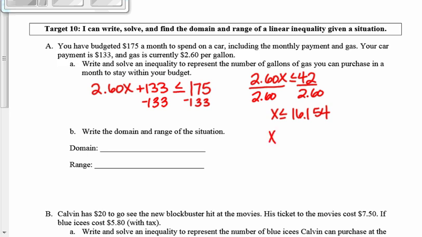So we're going to say x is less than or equal to 16. We don't want to go above that because if we went all the way to 17, we would go over budget. So again, just thinking about what this would represent, and I already stated this, x would be the number of gallons of gas.